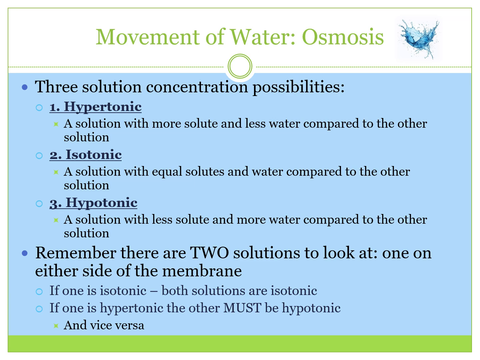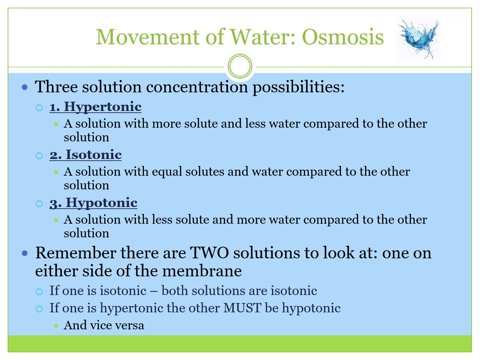So hyper meaning a lot of whatever that stuff is in the water, sugar, salt, protein, whatever. Hypotonic meaning there is less solute, more water. So that is that relationship. Isotonic is going to be an equal amount of solute and water compared to the other solution. Now, seeing these definitions on the screen is probably like, okay, well, I'm going to give you a visualization here in just a second.